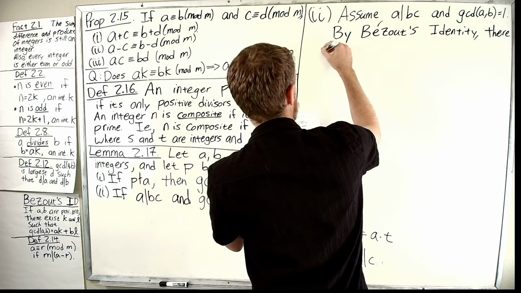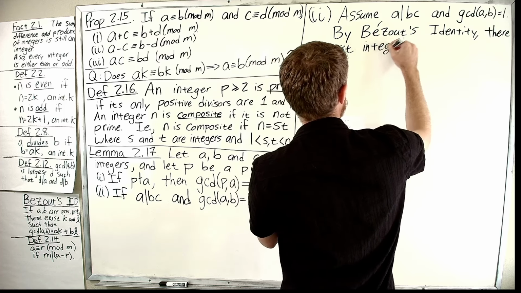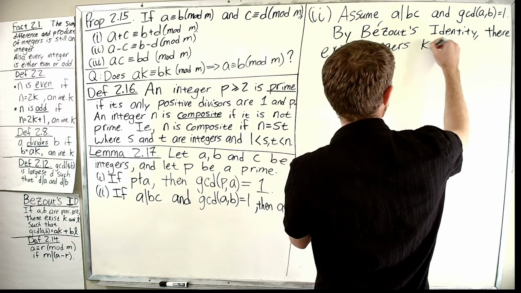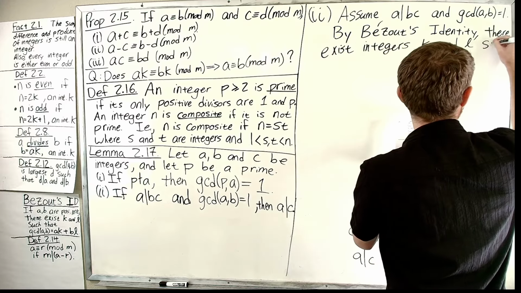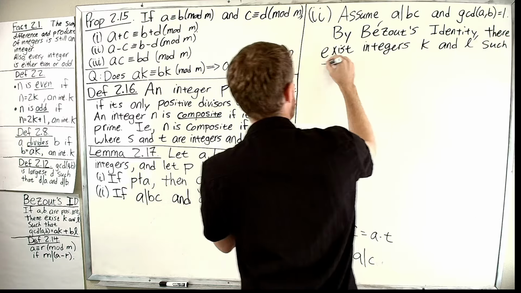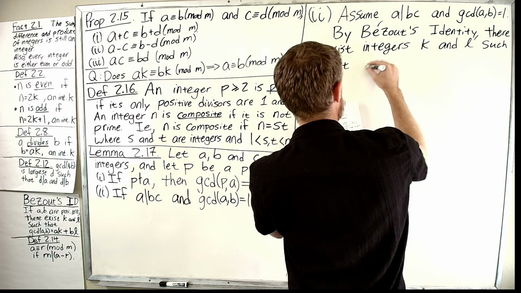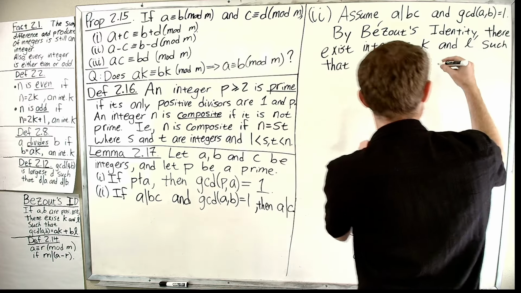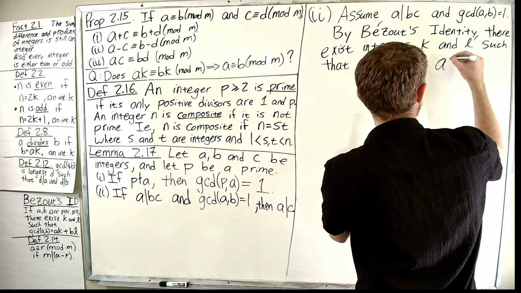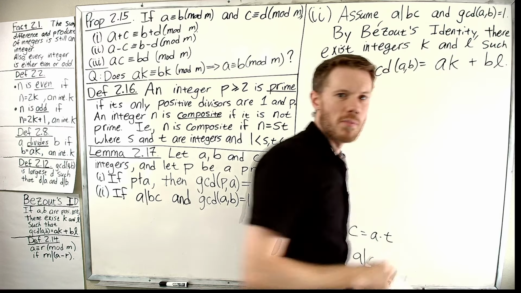So there exist integers K and L such that GCD of A and B equals AK plus BL.